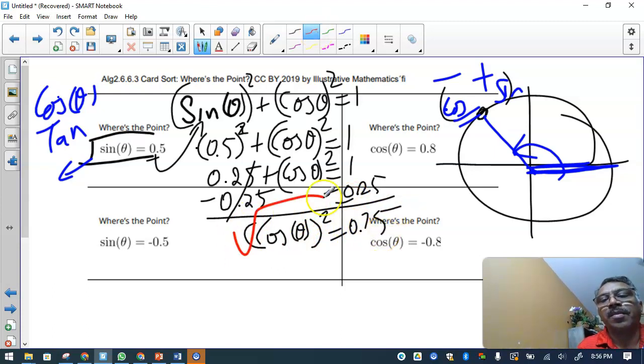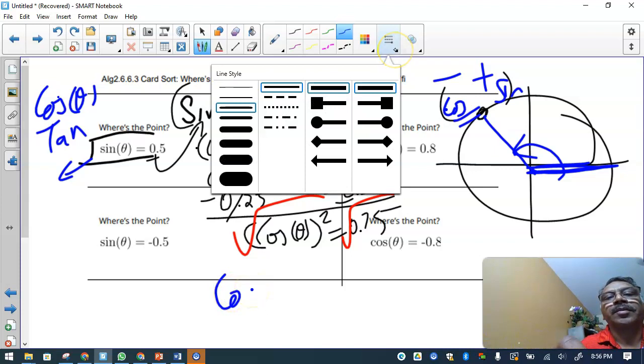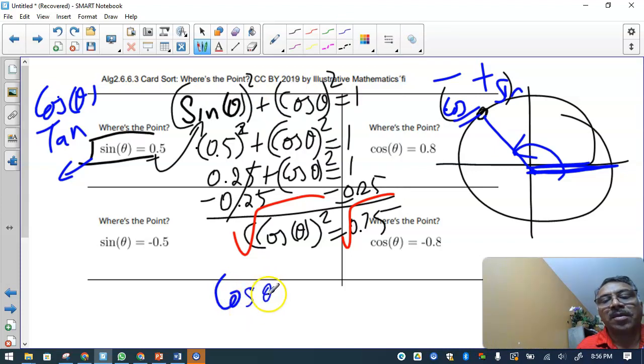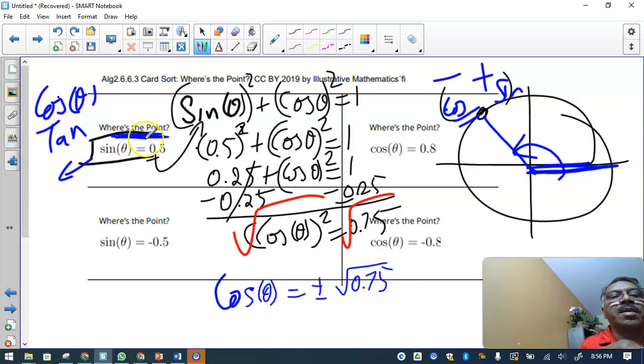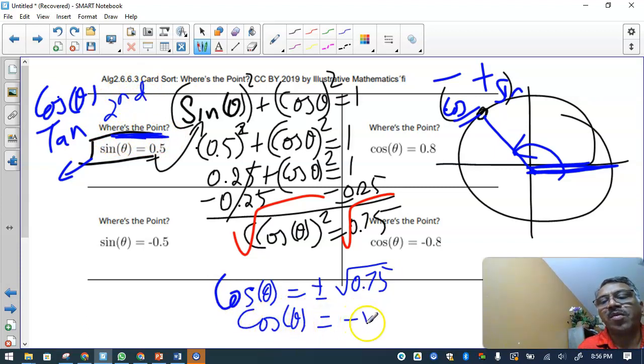Then the square root goes away, so cosine theta equals plus or minus the square root of 0.75. Because we are in the second quadrant, cosine is negative. So you write cosine is negative, and use the calculator to find this. That's the answer.